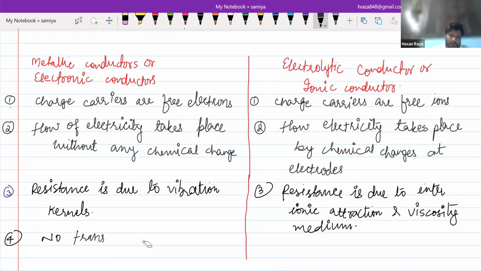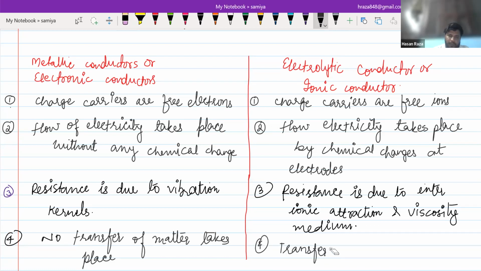No transfer of matter takes place. Here, transfer of matter takes place in the form of ions.